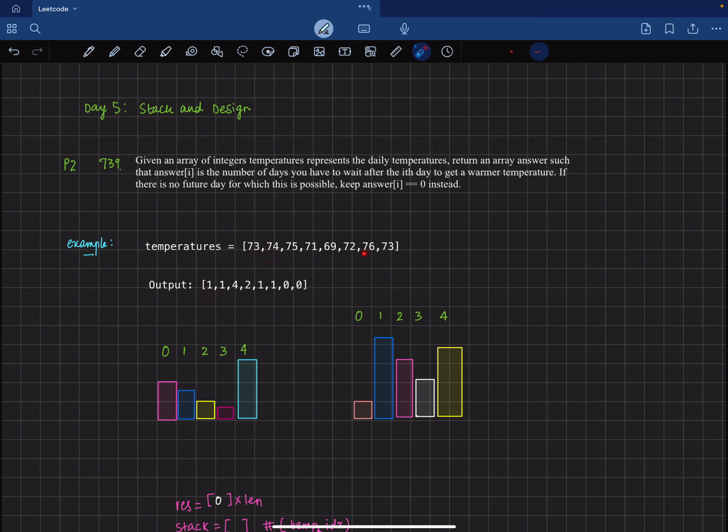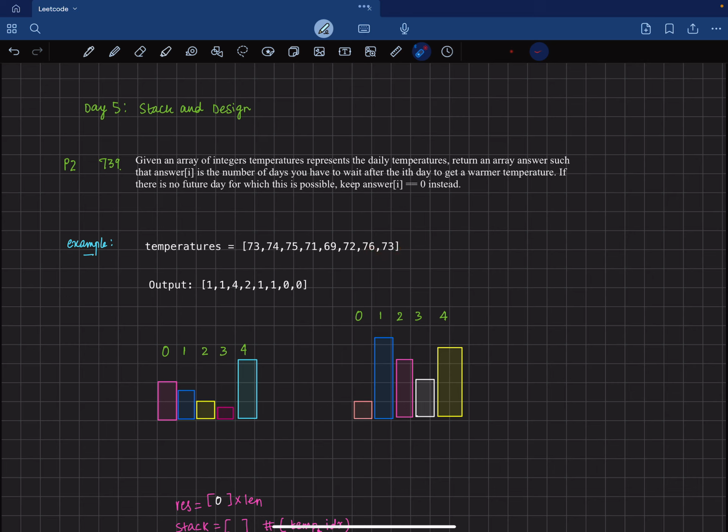How about this case? If I'm at 76, how many days do I need to wait to get a warmer temperature? Let us see. I'm at 76. The next one I move to is 73. Is 73 greater than 76? No, which means 73 is not warmer than 76. What is the next point I should look at?